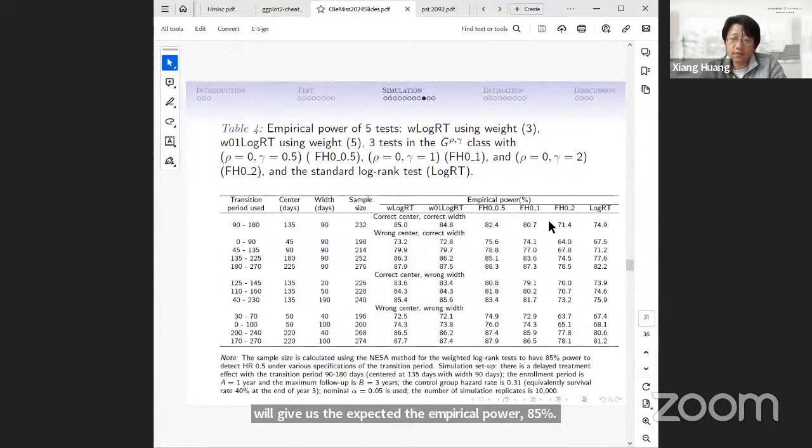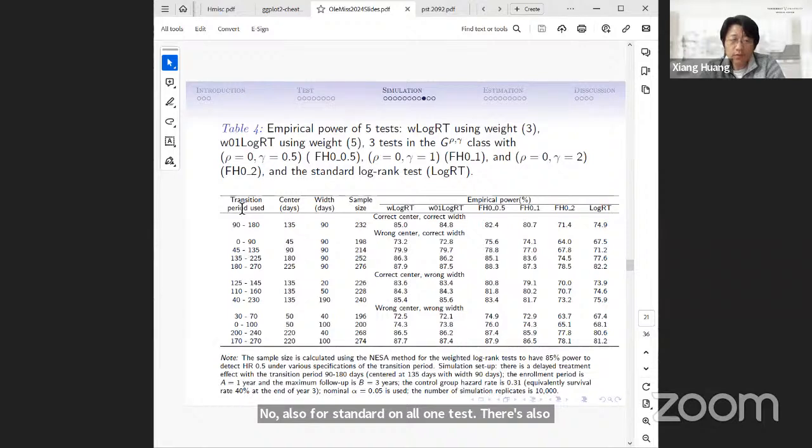And the other 3 weighted log-rank tests with Fleming-Harrington weight show a power loss. Also for the standard log-rank test, there's a power loss. It's around 75%.